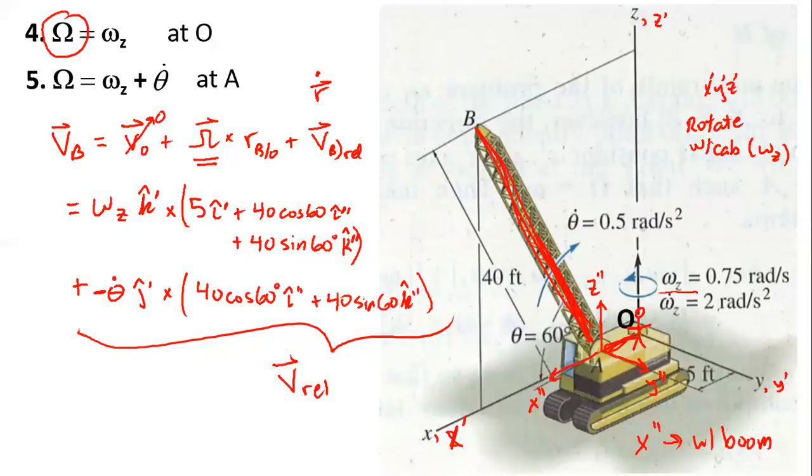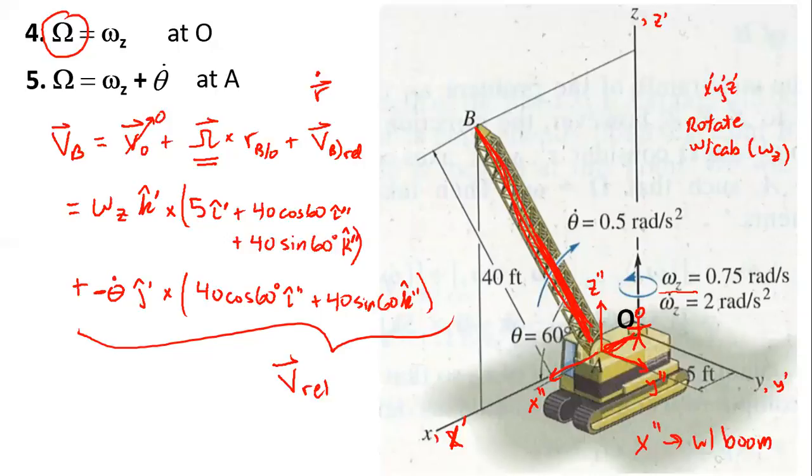Okay, and will I have any type of an AREL term? Yeah, and what things could my AREL include? Yep, I can have a centripetal and a tangential, depending on what that theta dot's doing.